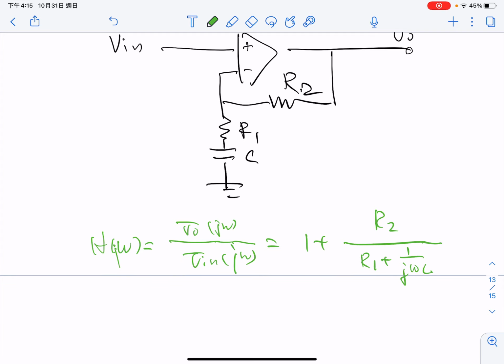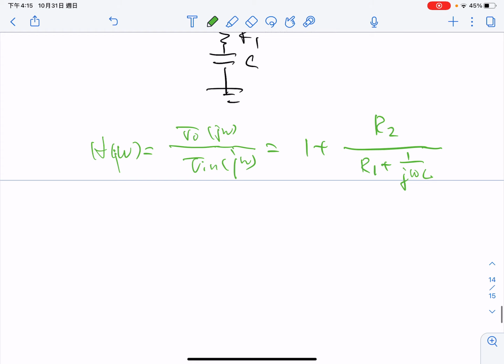Use the same formula. And this one becomes 1 plus R2 over j omega C R1 plus 1, right?